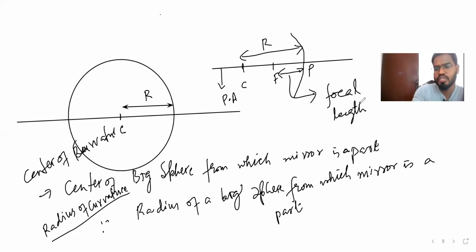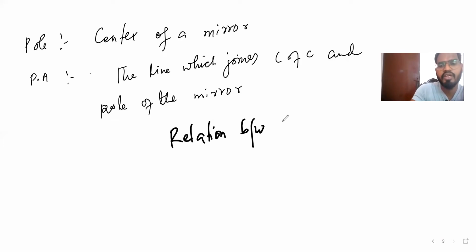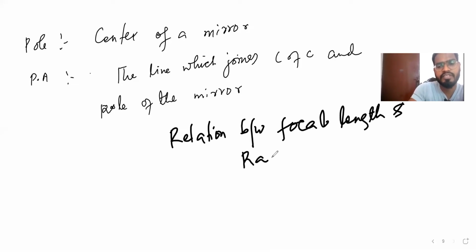So if it is midway, then we can learn a relation between focal length and radius of curvature.